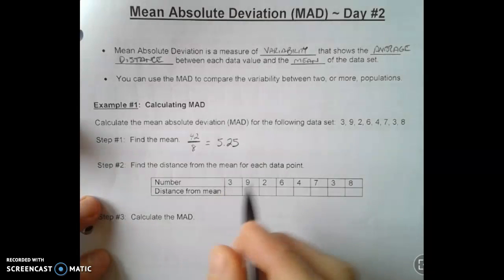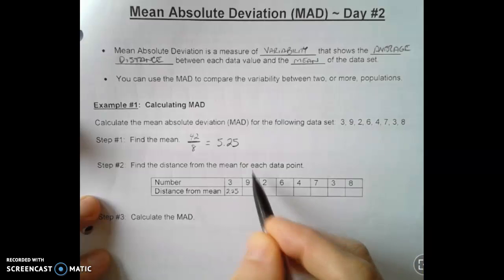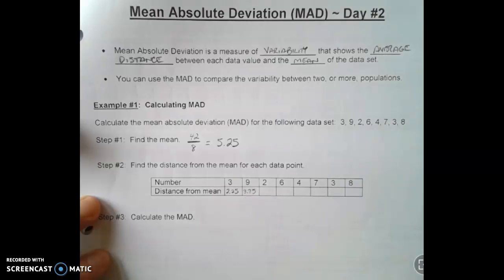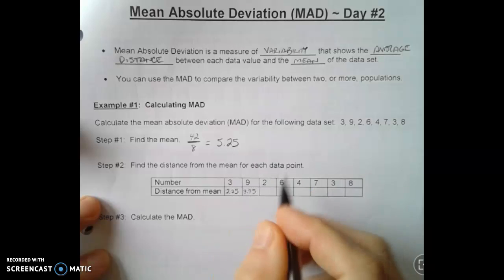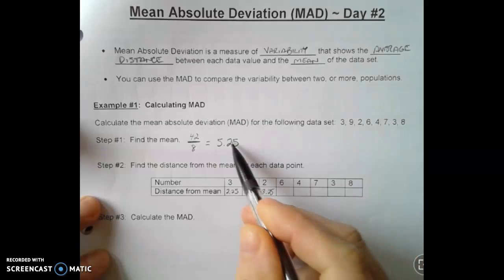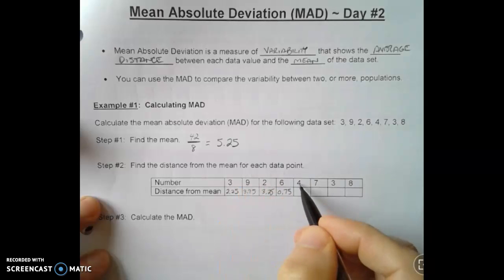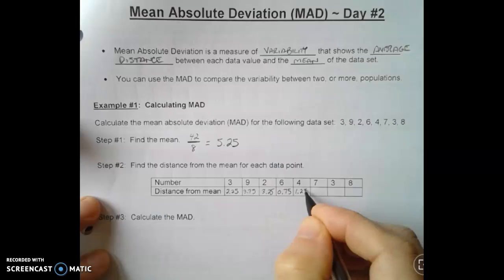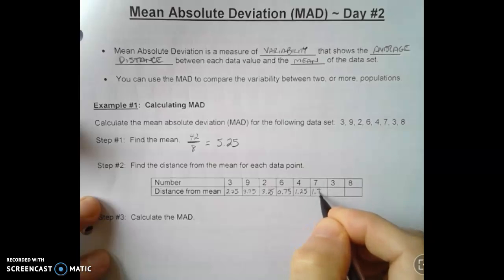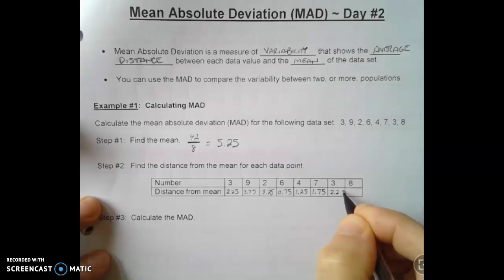5 and 25 hundredths minus 3 is 2 and 25 hundredths. 9 minus 5 and 25 hundredths is 3 and 75 hundredths. 5.25 minus 2 is 3 and 25 hundredths. 6 minus 5.25 is 75 hundredths. 5 and 25 hundredths minus 4 is 1 and 25 hundredths. 7 minus 5.25 is 1 and 75 hundredths. 5 and 25 hundredths minus 3 is 2 and 25 hundredths.